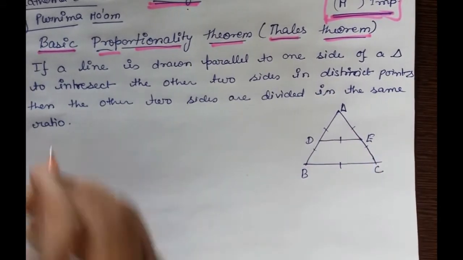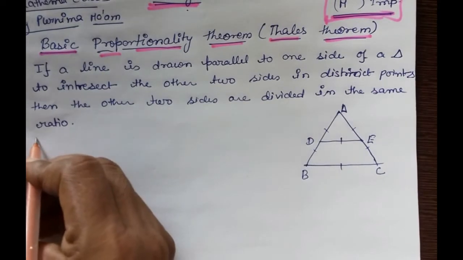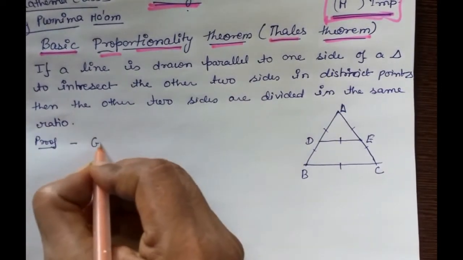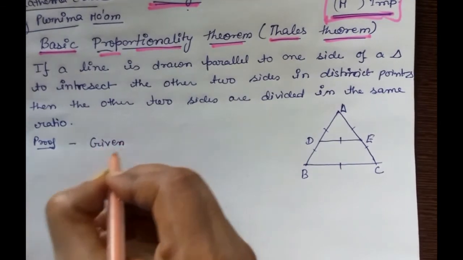Now we move on to the proof. Before the proof, we need to write the given things. What is given?